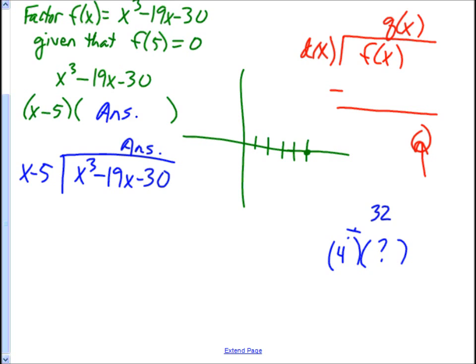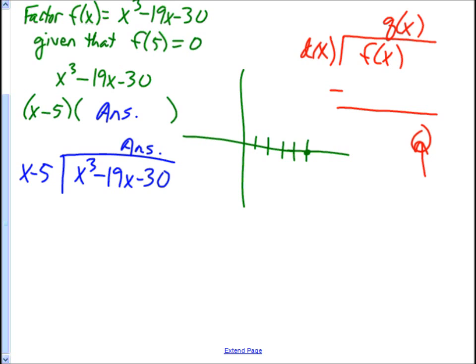So that's how we're going to approach this problem. Now, if you don't mind, I'm going to show you a synthetic approach to division before I finish this. Synthetic division is a quicker way to divide something of the form x minus k.